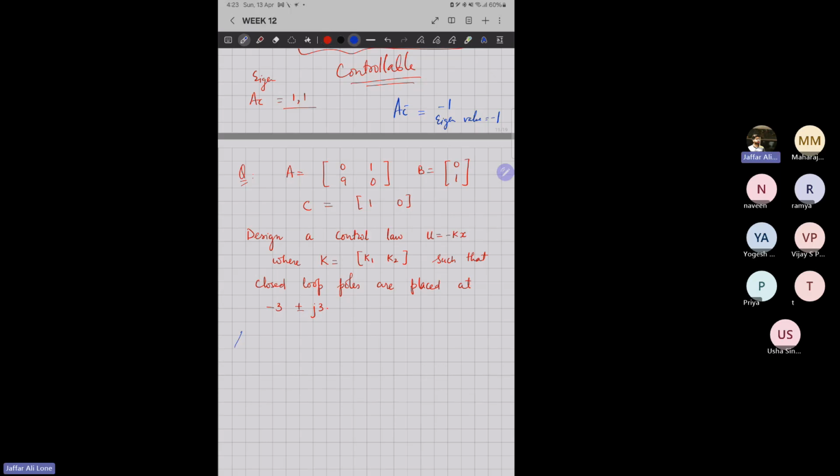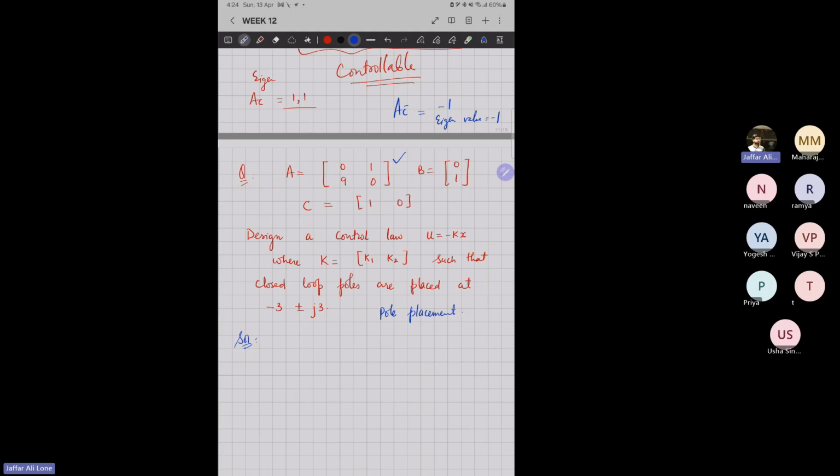See, these types of questions you can easily solve using MATLAB. This is called pole placement. I'll tell you how, but first let's solve it. So the question is, this is your A matrix. It has some eigenvalues, maybe stable or unstable. But normally you are given systems which are unstable, which have eigenvalues in the right half plane, right?